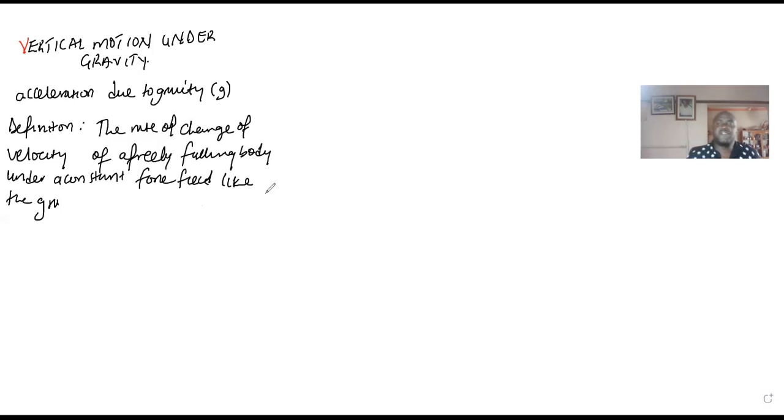So that velocity changing with time as a result of a free falling body falling under a constant force field is what we are terming to be acceleration due to gravity.